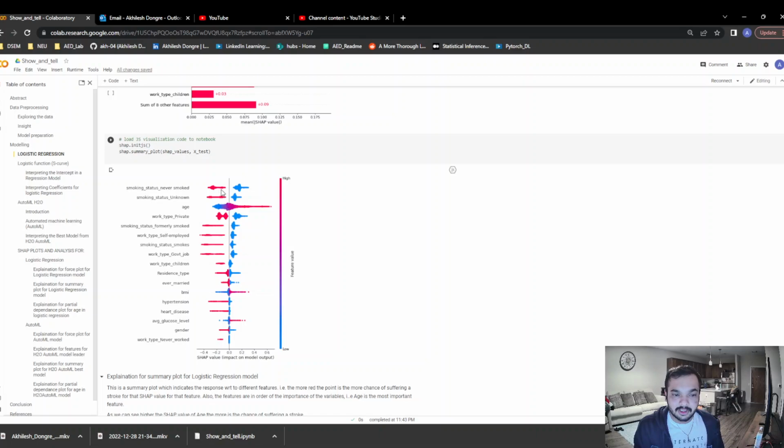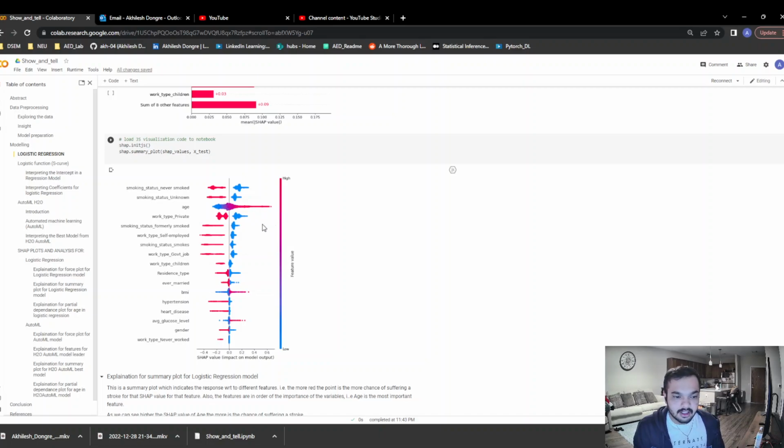If the person has never smoked is 1, that is a higher value on the SHAP. The probability of suffering a stroke is low, you can see the blue color. Very interpretable. Similarly, we look at age. If age is high, the probability of suffering a stroke is very high, clear red.